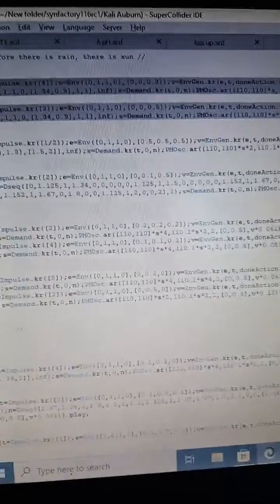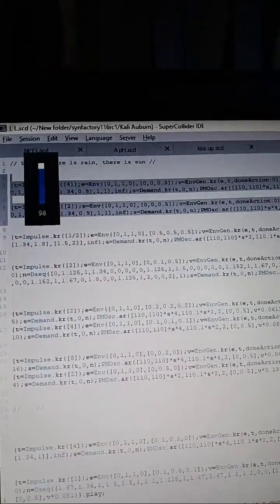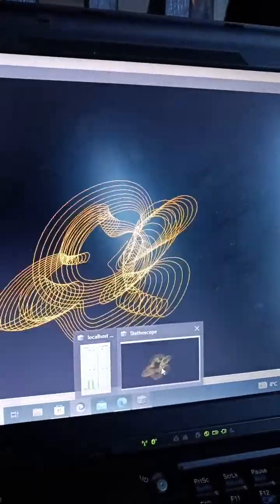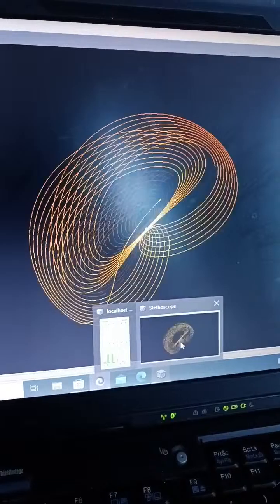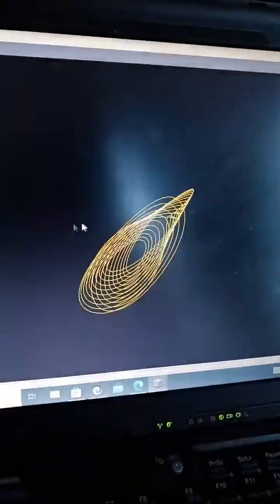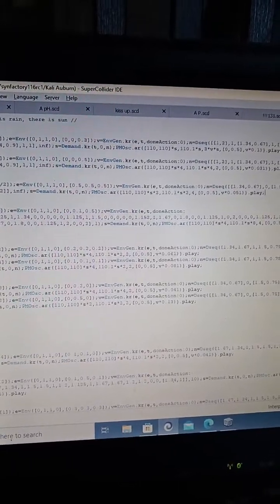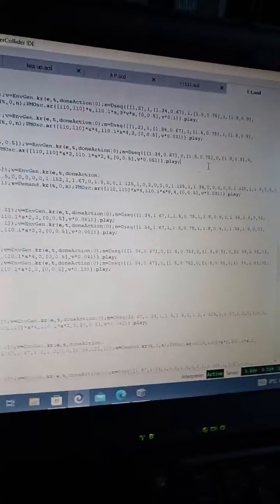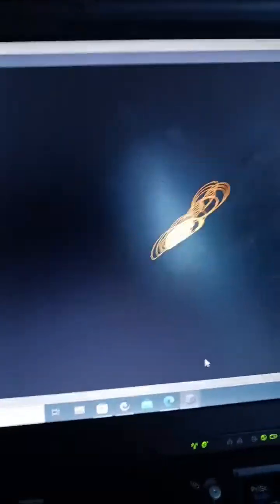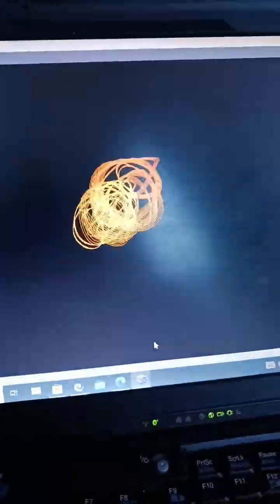What was this? Here's the annoying thing that I was working on recently. See what it looks like. All curves.